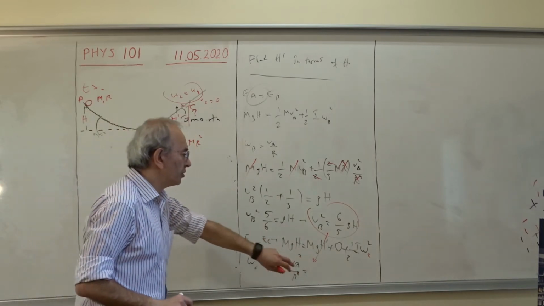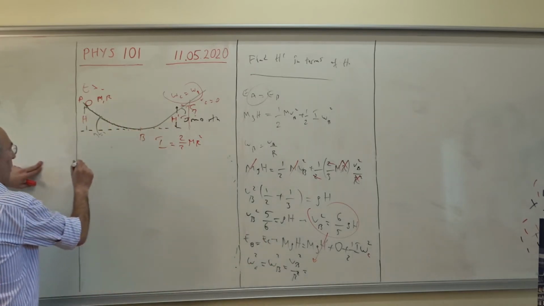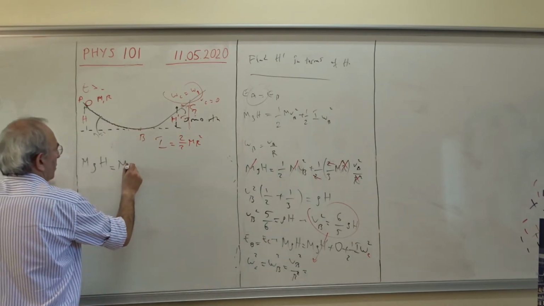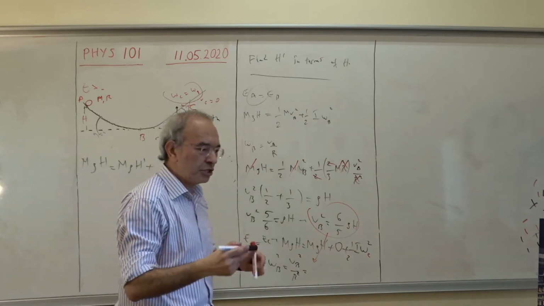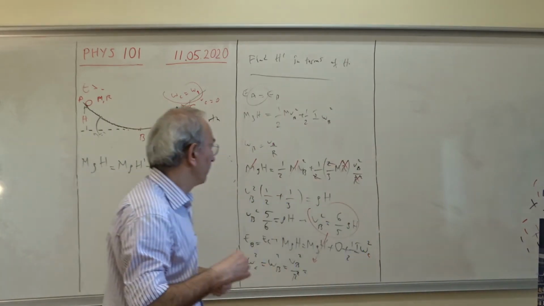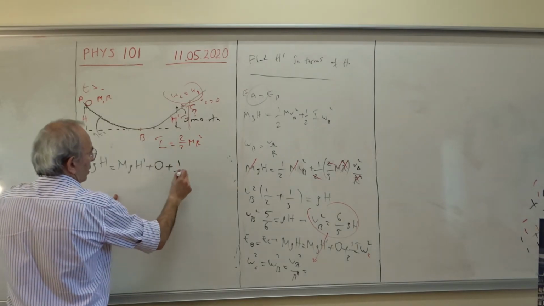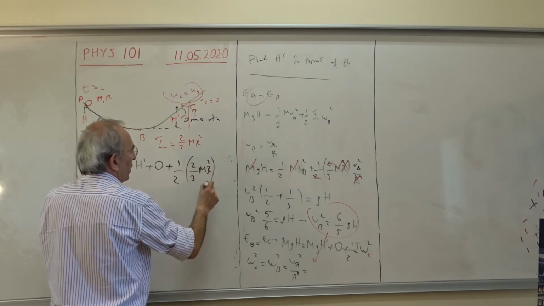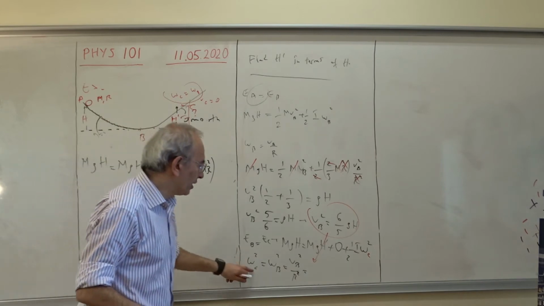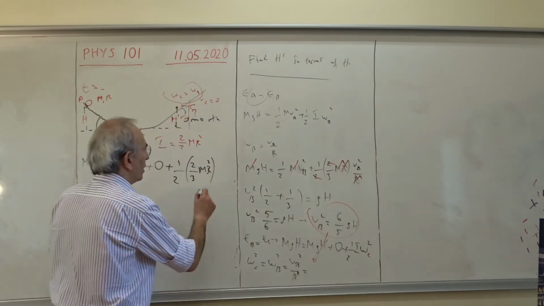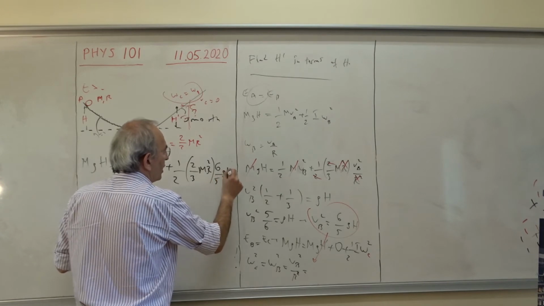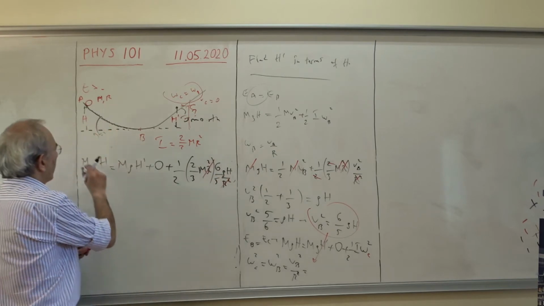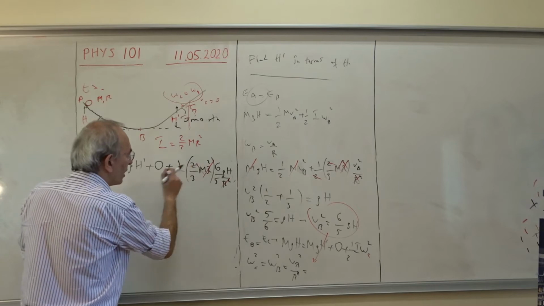So we continue with this expression, MGH on the left hand side, MGH prime plus 0 for the linear one, 1/2 I. What is I? 2/3 M R squared times omega C squared. But omega C squared is just this quantity over R squared. So we have 6/5 GH over R squared, and the R squares cancel. Also, as usual, M's cancel, 2's cancel.